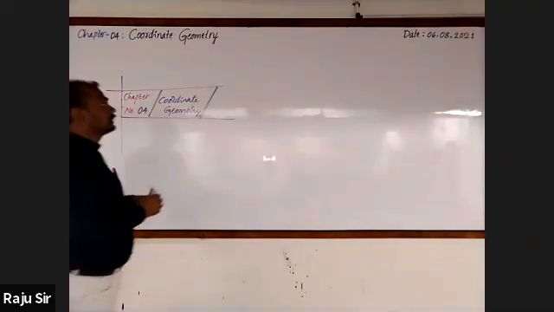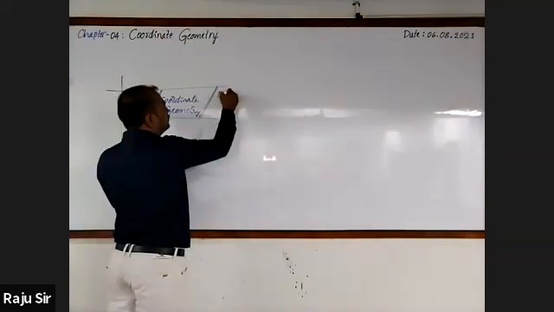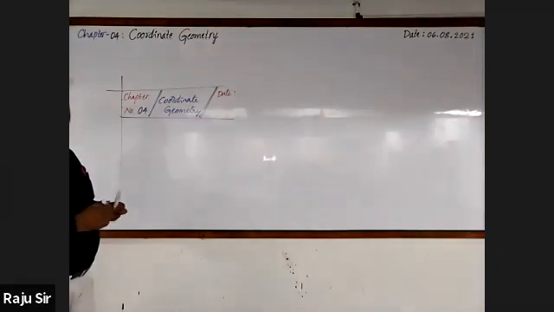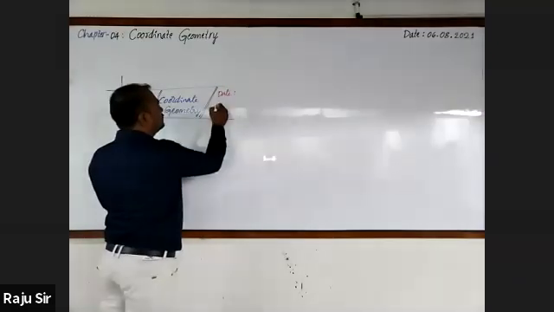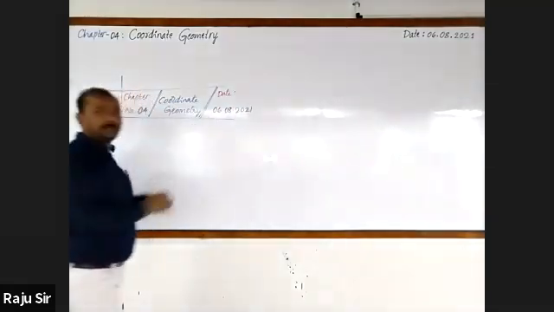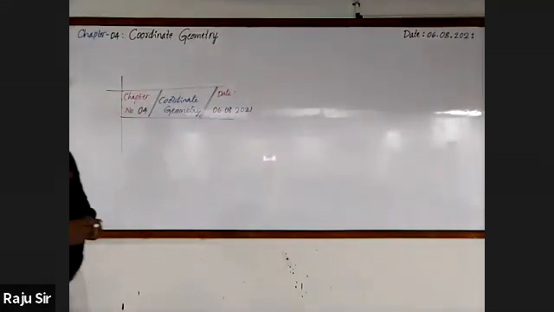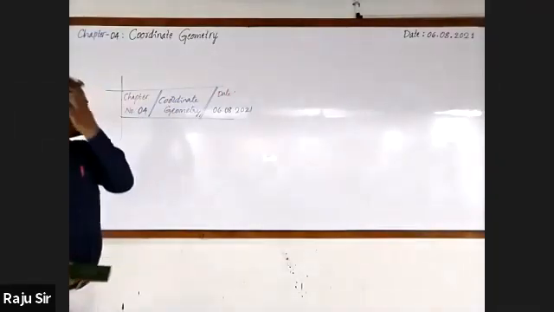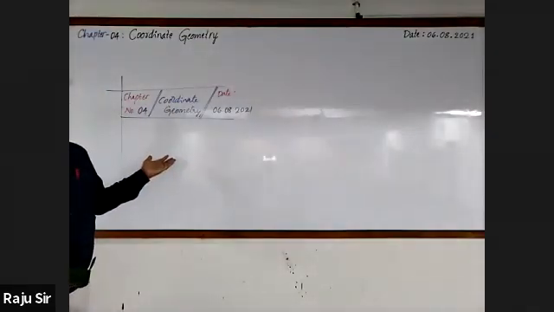Then in the third column, write today's date. Today it is 6/8/2020. This is the pattern you have to follow. Have you written?